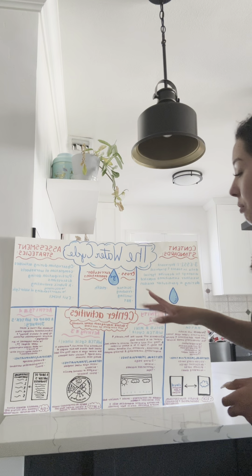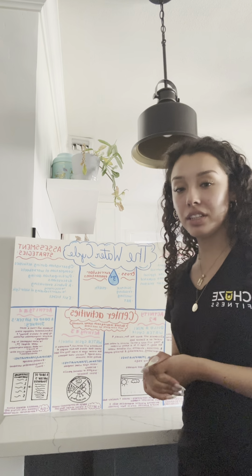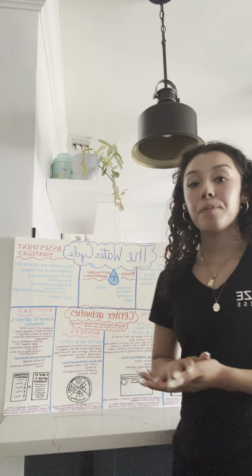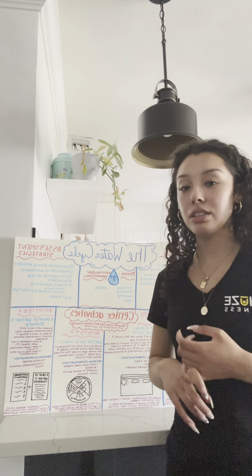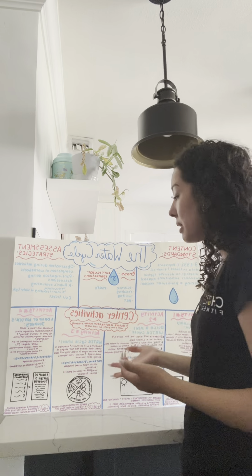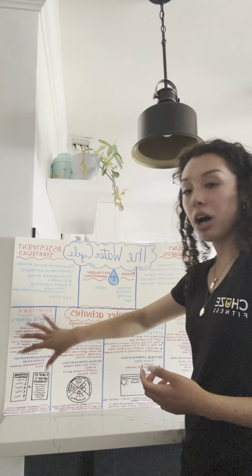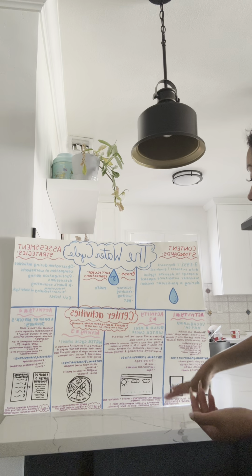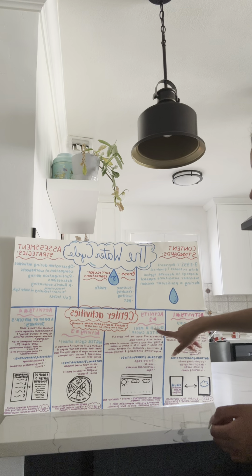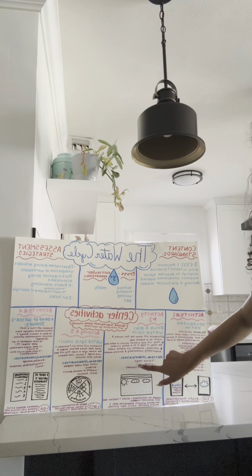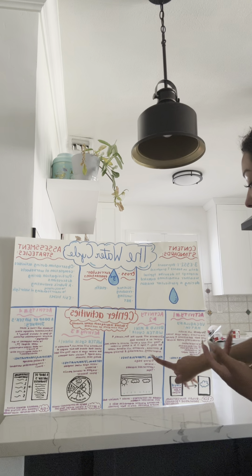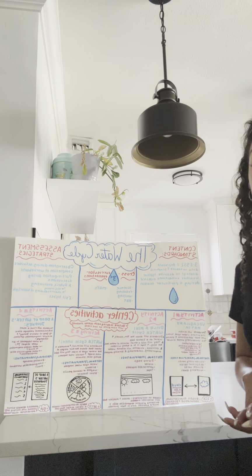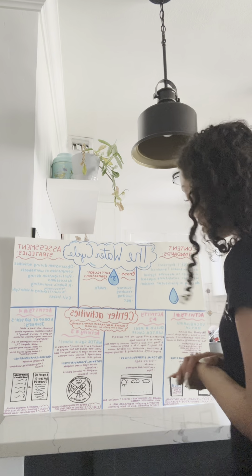So now moving on to the actual center activities, which can be found on this bottom corner. This would be really great to have up in the classroom so that kids are able to refer back to it. You can even have copies of each activity, because each activity section has the name of the activity as well as the steps, what they're going to be given as far as materials or manipulatives, and then a small drawing to display what they will be doing.